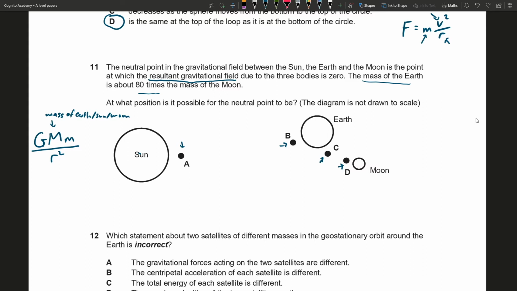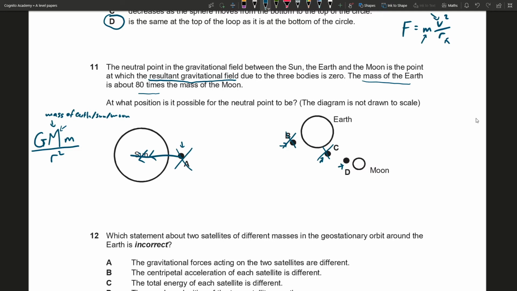For example, A is wrong here because it's too close to the Sun, and the Sun has a massive big M. If your r away from the Sun is too small, you'll just be sucked in big time, and the resultant gravitational force will not be 0, so it cannot be A. By the same principle, it cannot be B or C because they are too close to the Earth and will be sucked in.